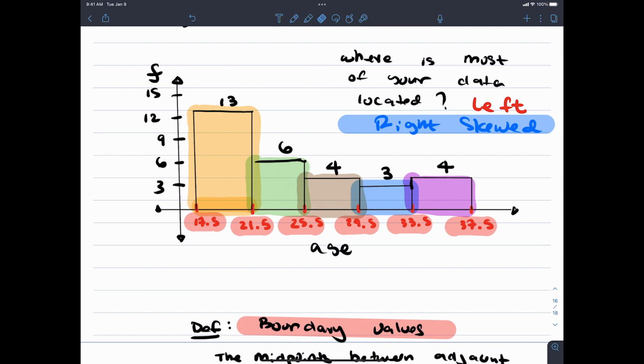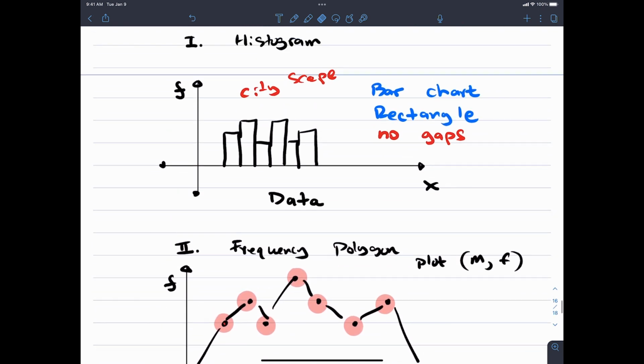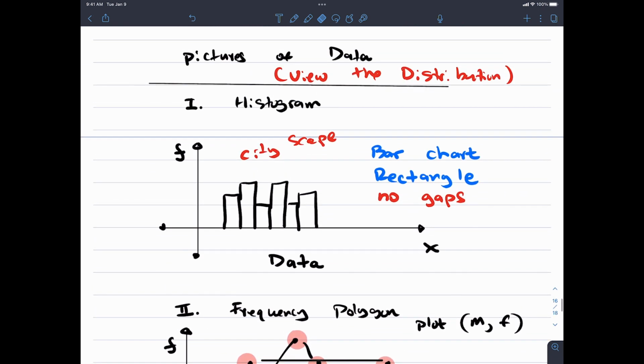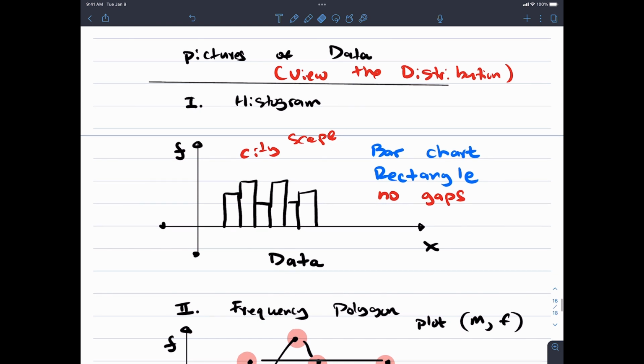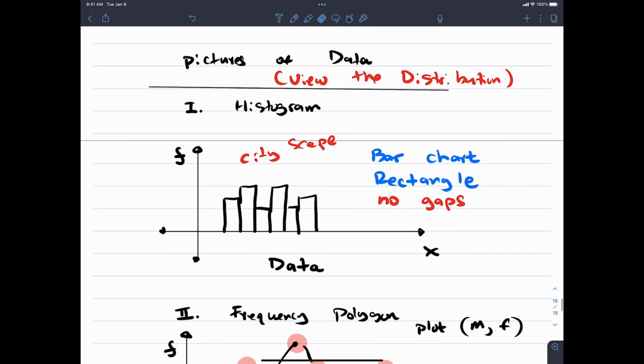That's what you want to test people on, because those are real standard kinds of language about distributions. Distribution is normal. Most of the data is in the center. The distribution is right skew. Most of the data is on the left. Distribution is left skew. Most of the data is on the right. It's a uniform distribution. That's all.